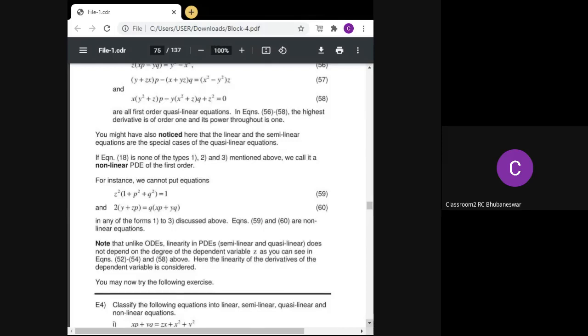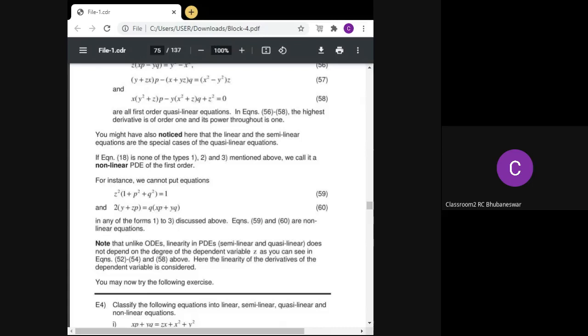Now, whenever a first order differential equation does not satisfy these three categories, linear, semi-linear, or quasi-linear, then obviously it is a non-linear partial differential equation of first order. It has been written in equation number 59 and equation number 60. If we focus on these two equations, we clearly find that we cannot express them in the form of linear, semi-linear, or quasi-linear partial differential equation.